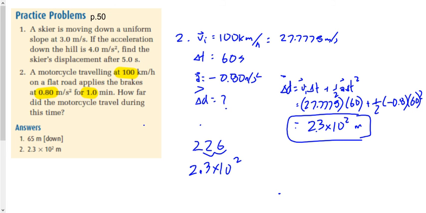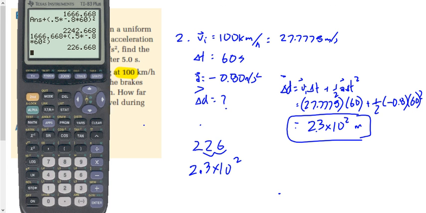I shouldn't show you this, but we should be able to get to that point, right? But let's say we get an answer of 226.668, and you're like, I'm just not very good at putting it in scientific notation. I know I need to put it in 2 digits, and the only way to get it in 2 digits is scientific notation. So what's a neat little trick on my calculator to do that?